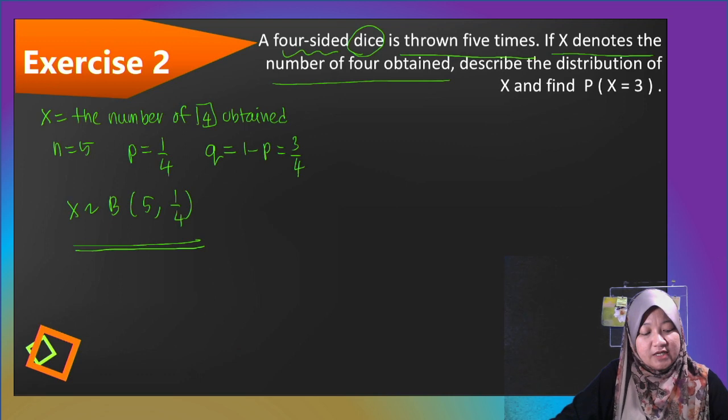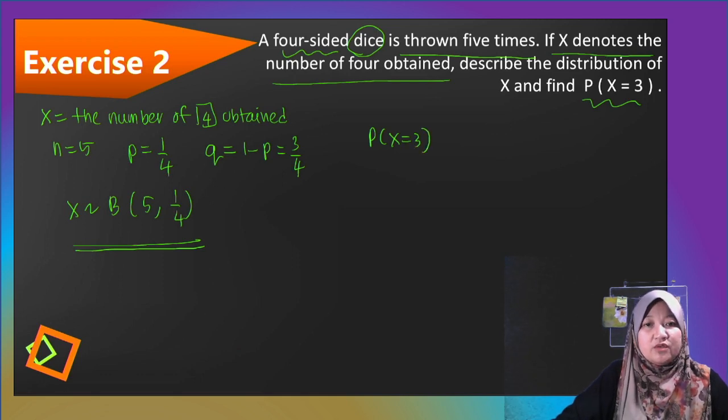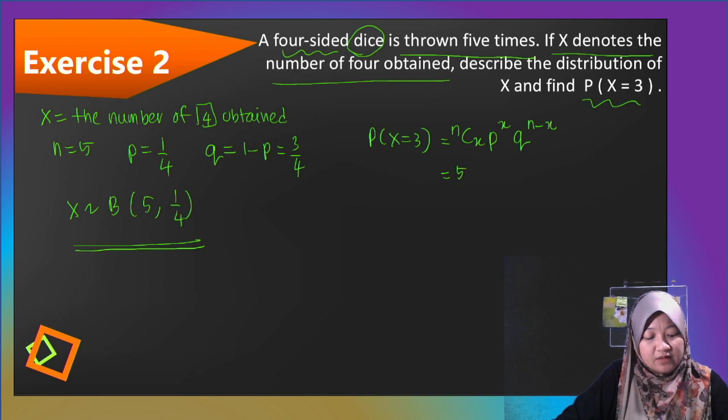Kemudian, barulah kita cari apa soalan dia. Soalan dia adalah probability X equal to 3. So, for this one, equal sign, kita boleh guna formula. So, ingat formula dia NCX, P power of X, Q power of N minus X. So, N here is 5, X is 3, P is 1/4, power of X, X is 3, Q is 3/4, power of 5 minus 3.